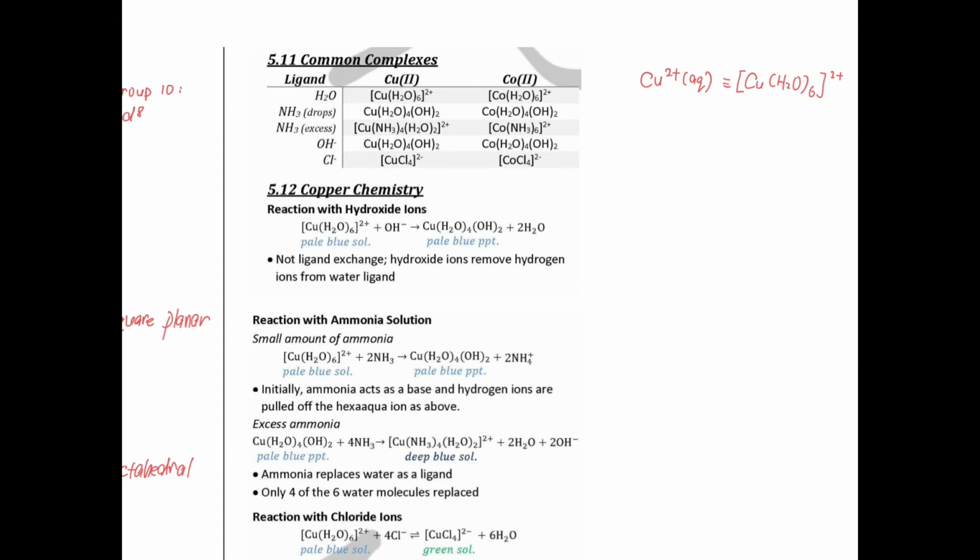Each hydroxide gets one hydrogen from the H2O here. So that means two H2O ligands lose their hydrogen and become OH, and the hydroxide gets the hydrogens. Each hydroxide takes one hydrogen and forms two H2O molecules.